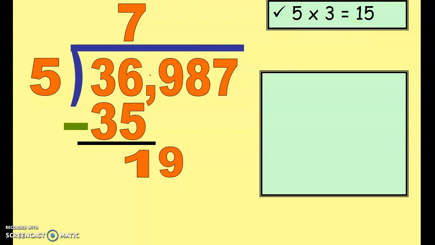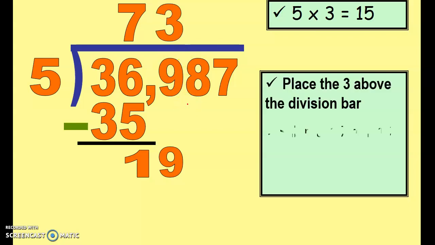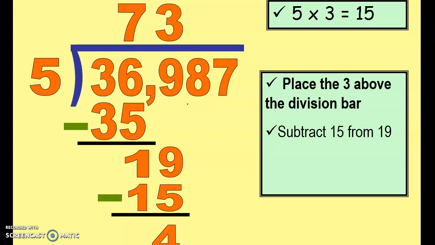So up we have to place 3 and down 15. So place the 3 above the division bar and 15 down. Now let's subtract. 9 minus 5 equals 4.